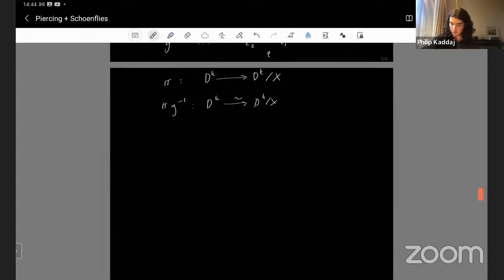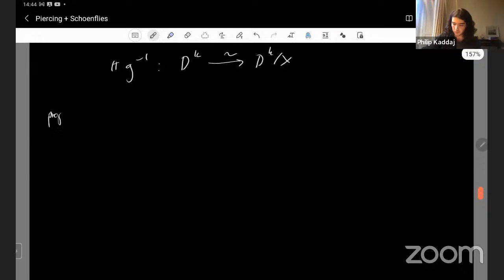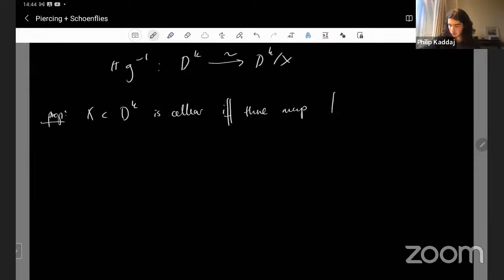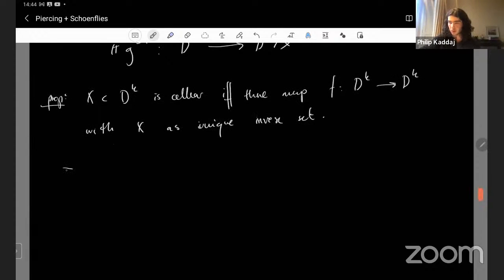So we have the following proposition. X, a subset of the disk, is cellular if and only if there's a map F from the disk to itself with X as its unique inverse set. So we showed one direction, that if it's the unique inverse set, then it's cellular.